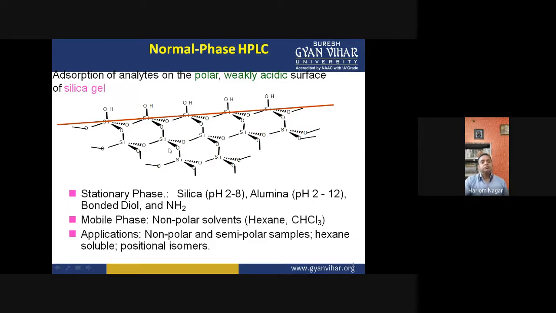Which stationary and mobile phases are used in normal phase HPLC? The stationary phase used is silica, which has a pH range of 2 to 8, alumina with pH 2 to 12, and bonded diol and NH2. These are the stationary phases that can be used in normal phase HPLC.